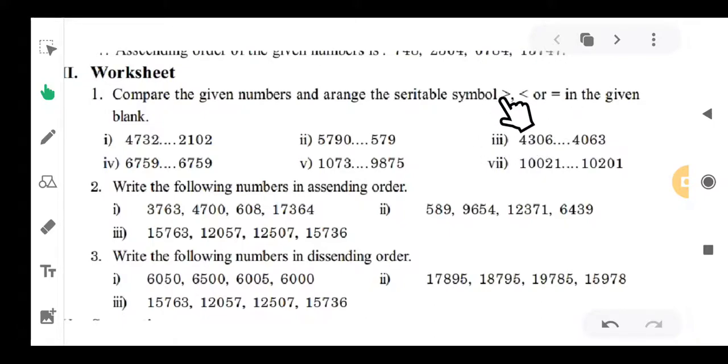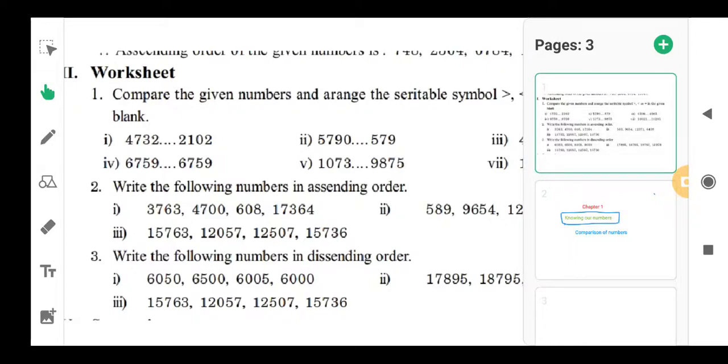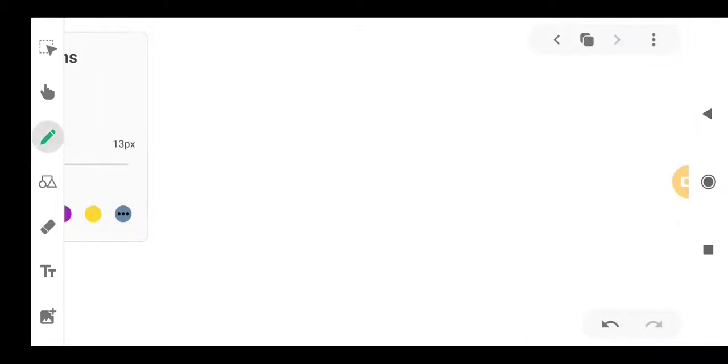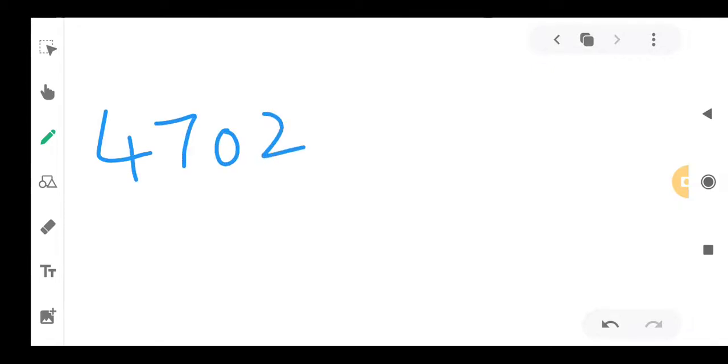So, first one, this is 4732 and this is 2102. So, in this which is bigger one and which is smaller one. So, to compare these numbers, first of all we have to, for example, this is a 4-digit number.